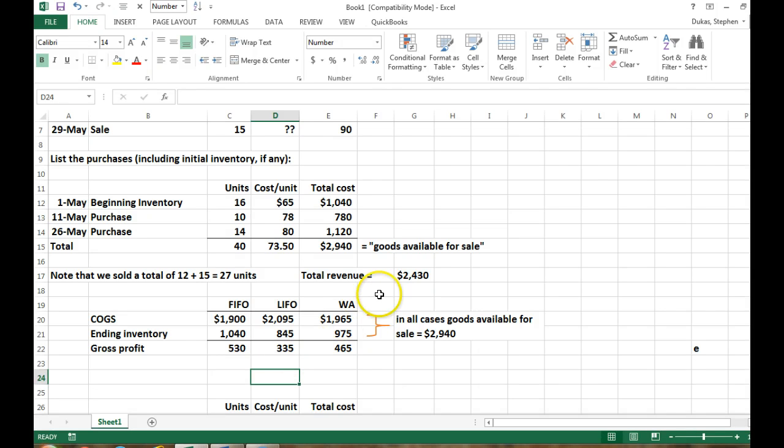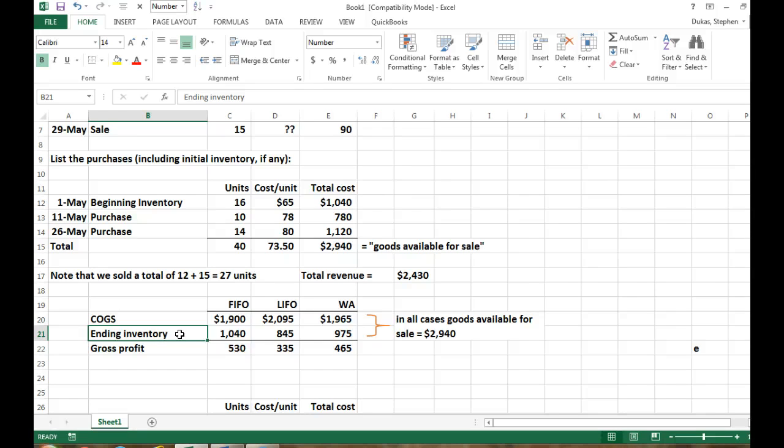Also, since cost of goods sold plus ending inventory always equals goods available for sale, necessarily, if cost of goods sold is higher under LIFO, ending inventory will be lower, and vice versa, when prices are rising.